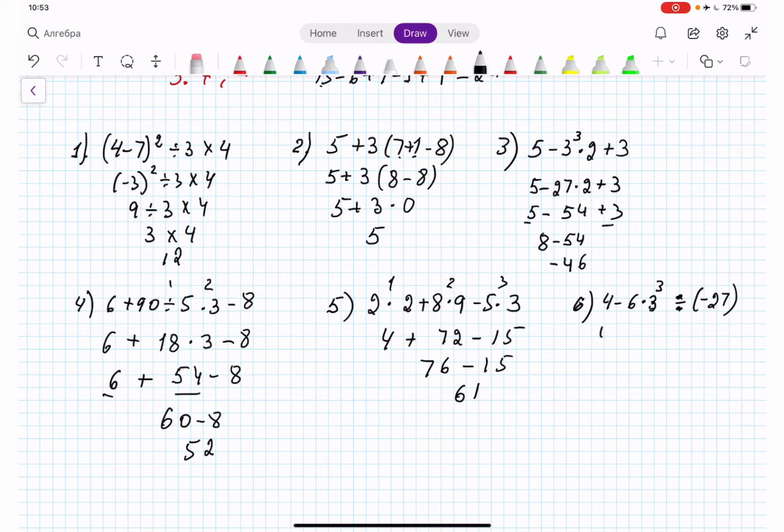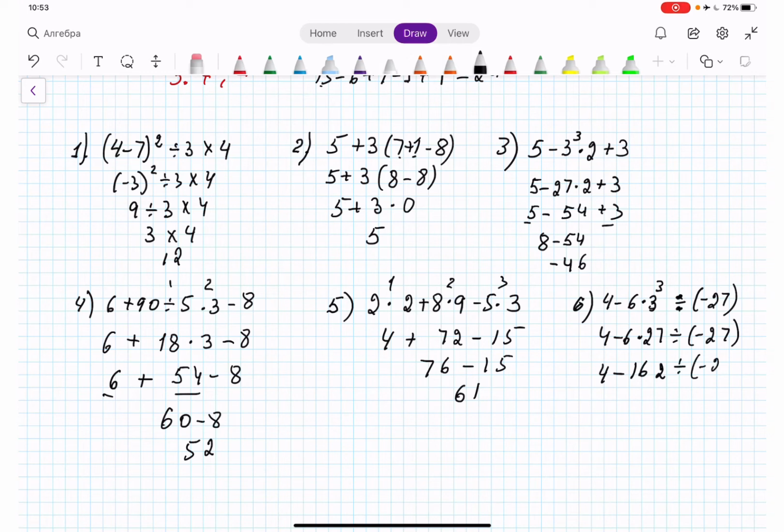Okay, what do we have? 4 minus 6 times 3 cubed is 27 and divided by negative 27. Next, 4 minus 6 times 27. 6 times 7, 42. 4 in mind. 6 times 2 is 12 and 4, 16.